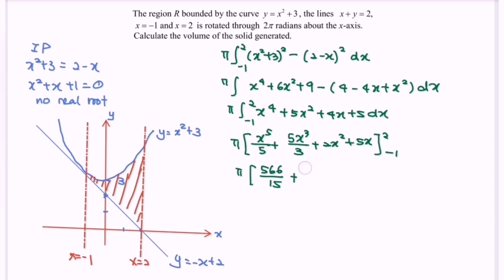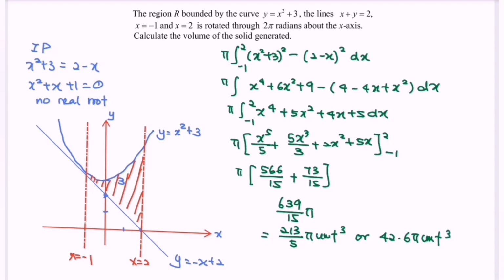So here it becomes positive 73 over 15. So if we sum up and simplify, we have 639 over 15 pi. Simplify, we have 213 over 5 pi unit cube, or 42.6 pi unit cube. That will become the volume for the situation.